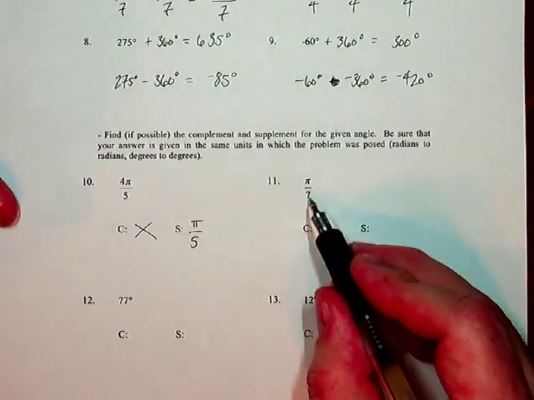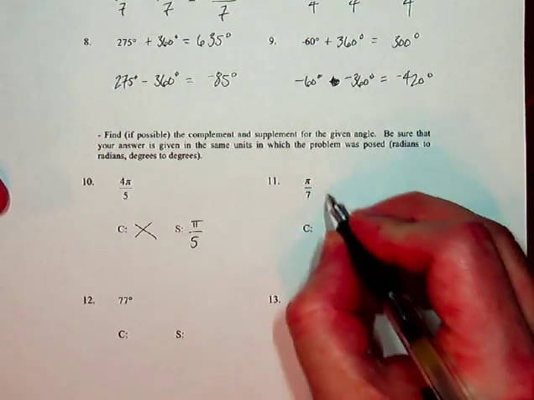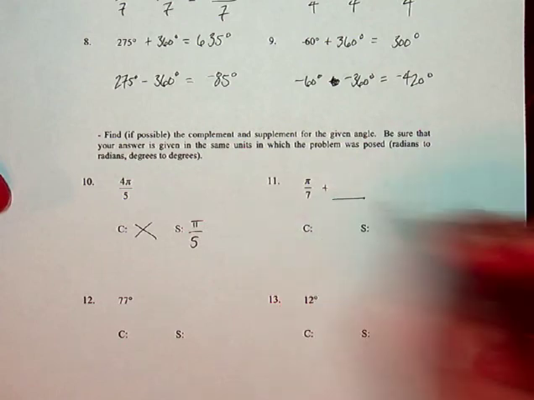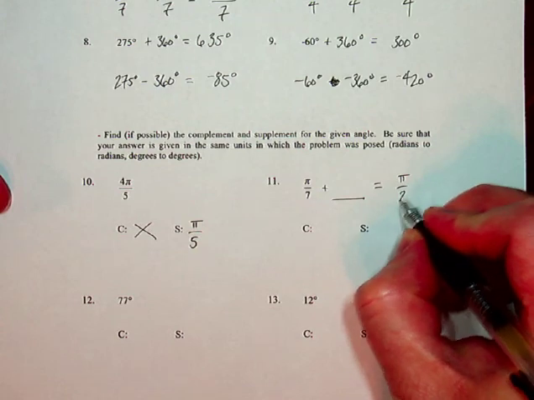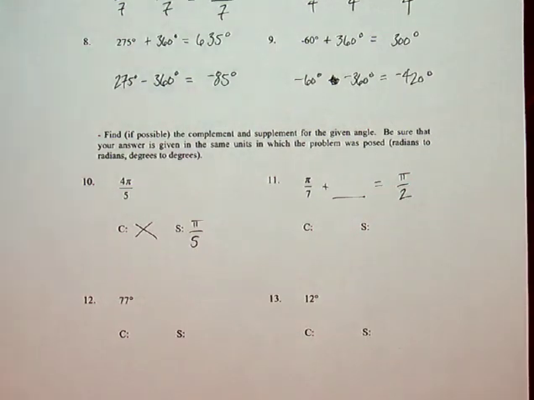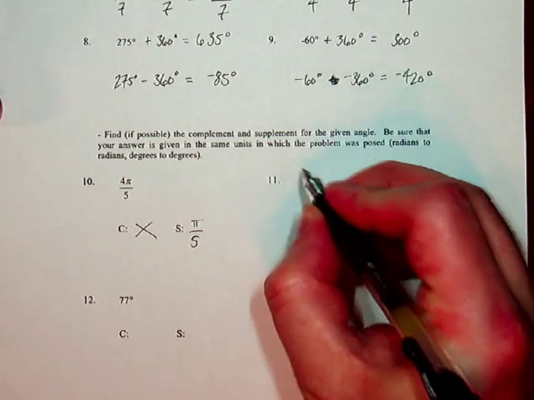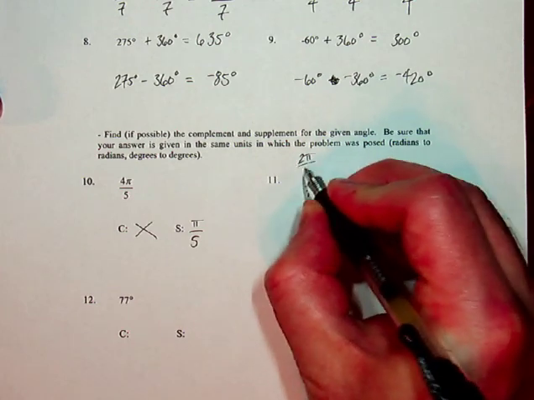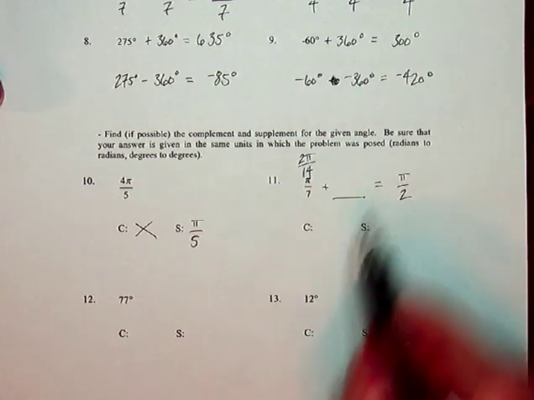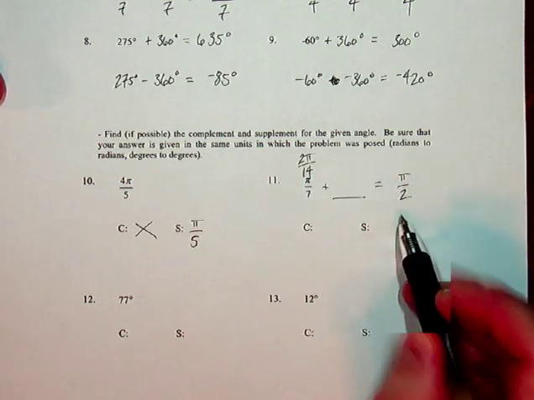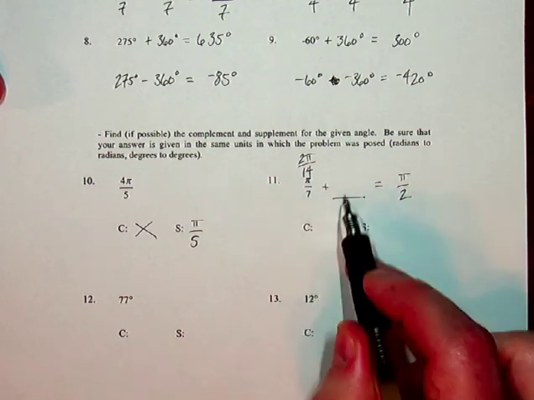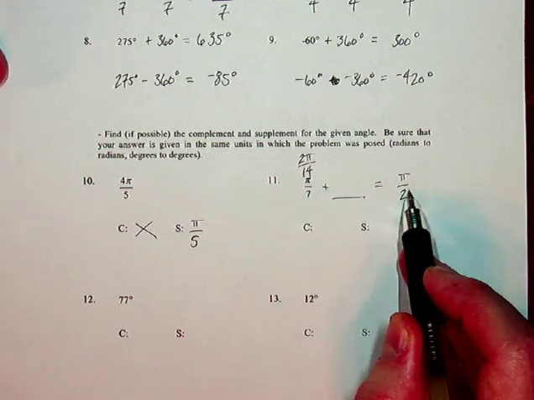Now this one right here, we need to basically figure out, in terms of the complement, what do I need to add to this in order to get pi over 2, okay? Well, the problem is that you're going to have to basically transform this into 2 pi over 14 in order to get the complement, because there's no one thing with a denominator of 7 that you can add to this in order to get pi over 2.